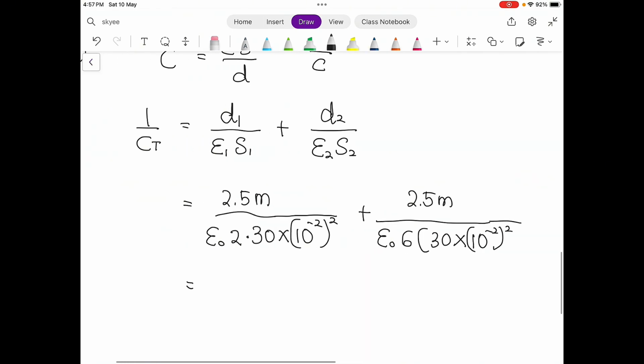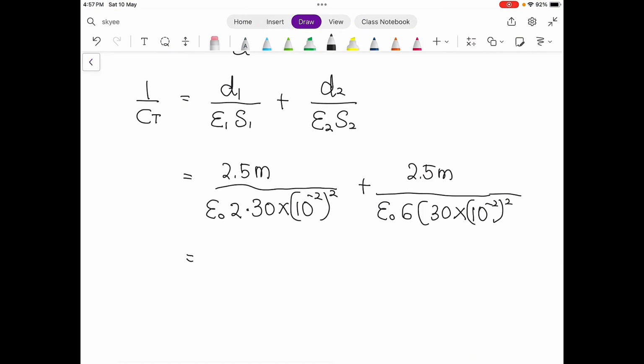So you can calculate the answer. Let's calculate this one.